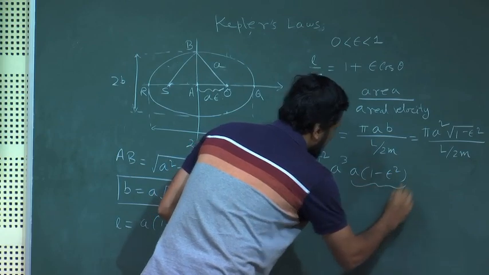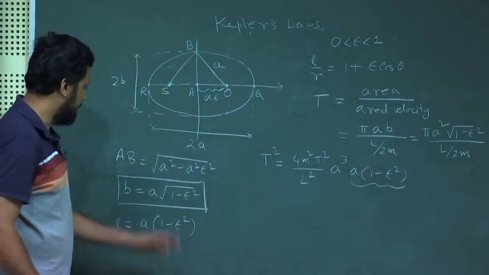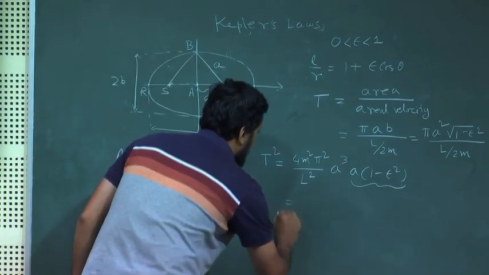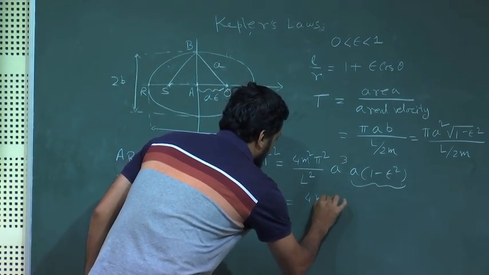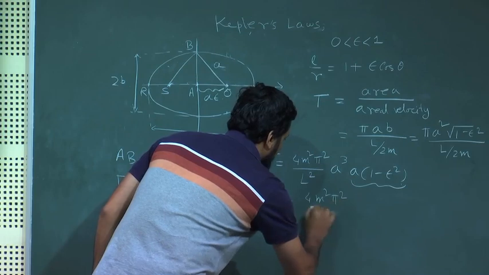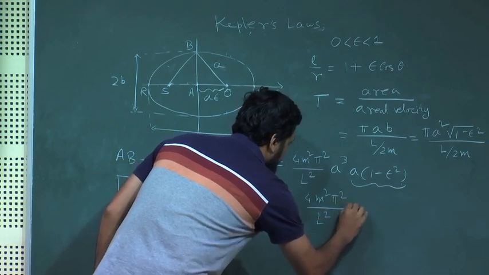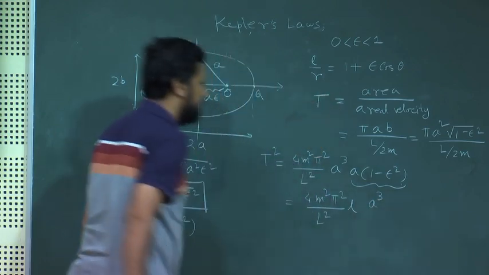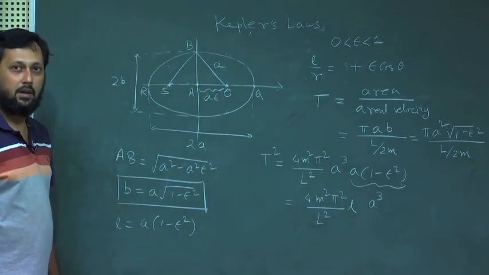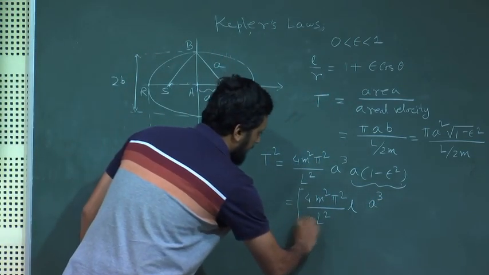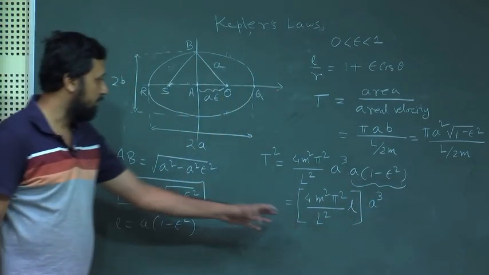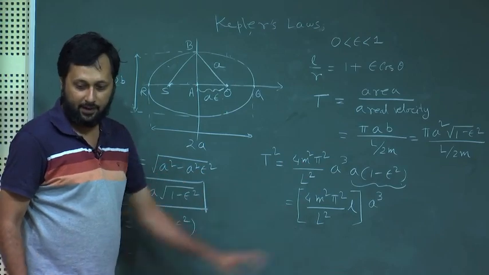Now, this we can simply substitute with L, right, which will leave us 4 m square pi square by L square L A cubed, right. Now, this quantity is a constant, and we can also put the value of L and simplify it slightly.